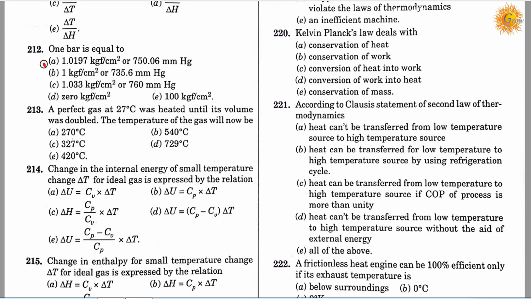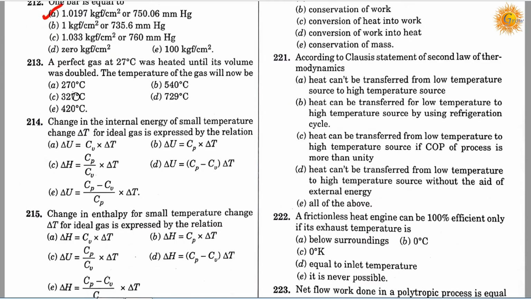Correct answer is A. 1 bar is equal to 1.0197 kgf per centimeter square or 750.06 mmHg.